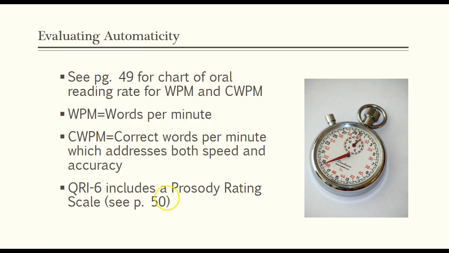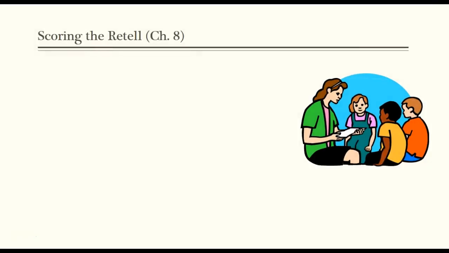Evaluating automaticity, page 49 gives you a chart for that. It also tells you how to calculate words per minute, correct words per minute. And then QRI 6 is awesome because it includes a prosody rating scale that wasn't present in the QRI 5.